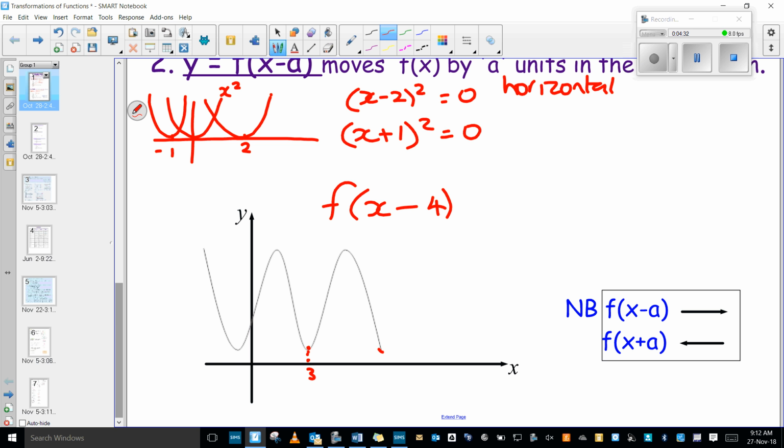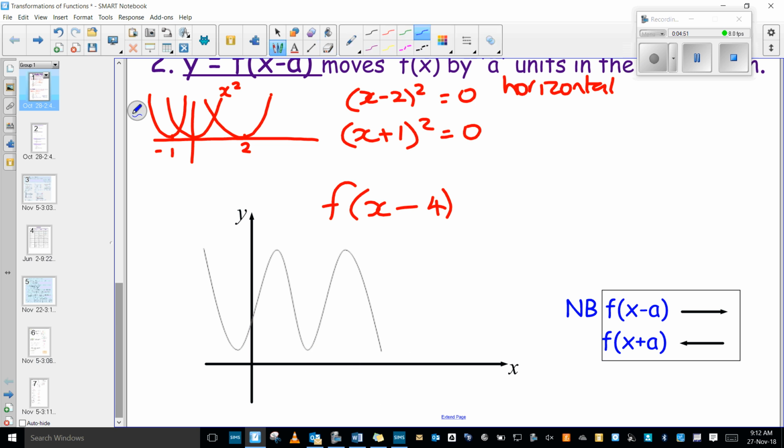So that point is now going to become, let's say, there. What value would that be? That would be a 7. So then what do we do? Well, we're going to shift all of our graph, that measurement, to the right.